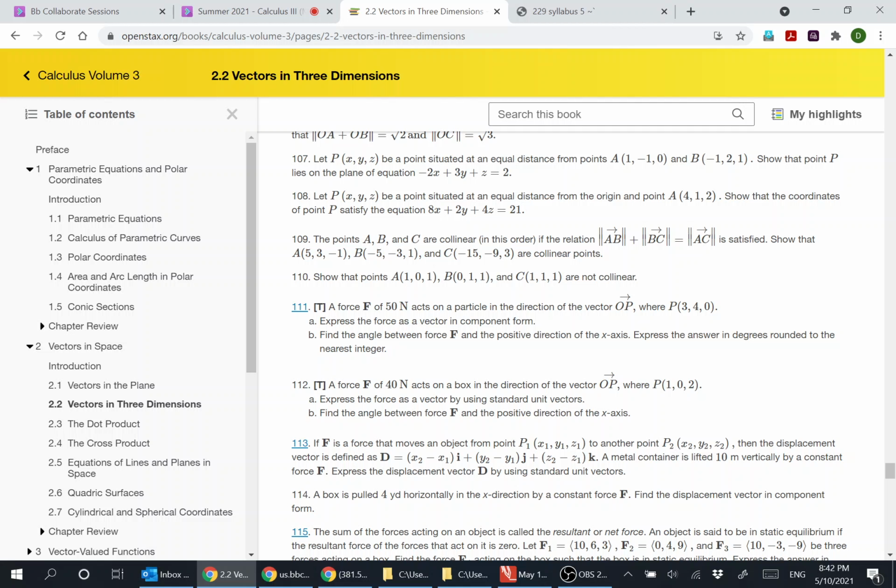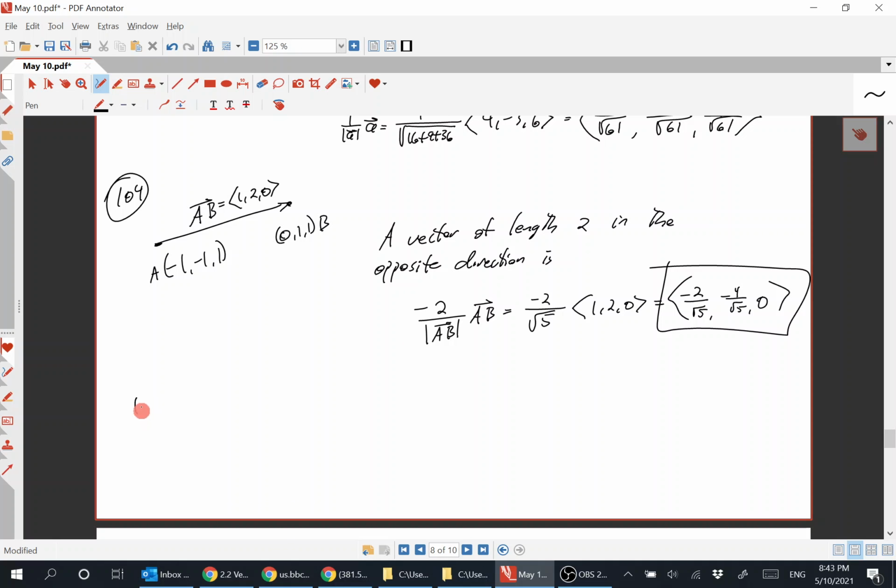This is more, and these we can leave them out. Oh no, these aren't very good problems. So just 111 and 113, you can omit those. Okay.